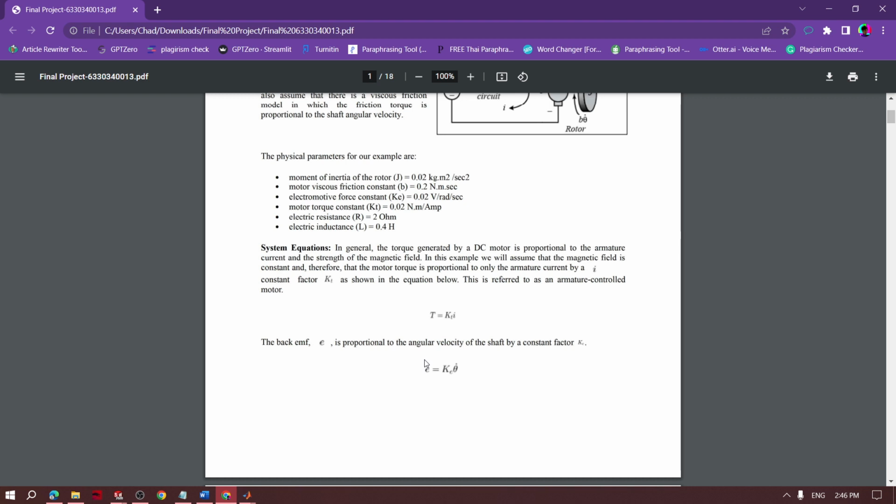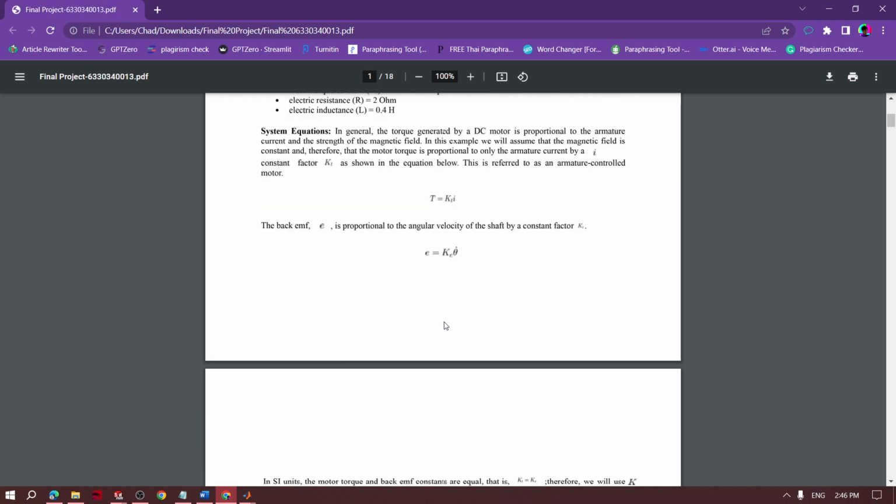proportional armature, and it's assumed that the magnetic field is constant and the torque is proportional to the current by a constant factor kT, as shown in the equation below. So T equals kT times i, and the back EMF, E, is proportional to angular velocity.